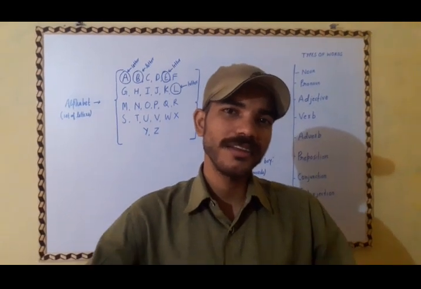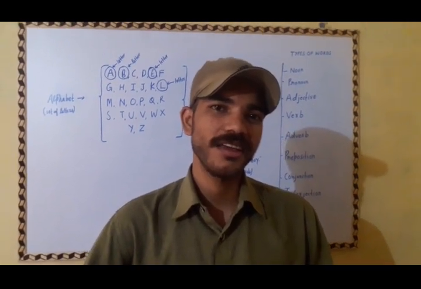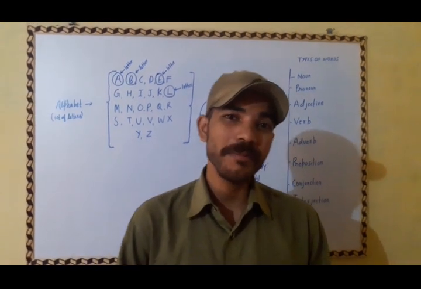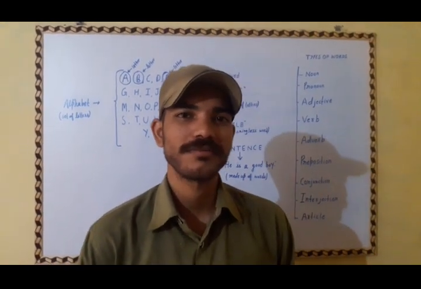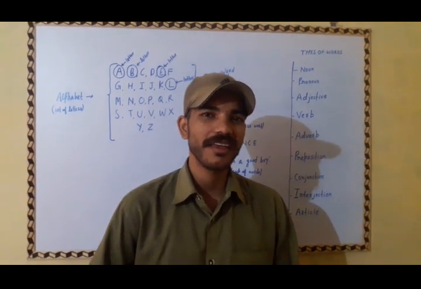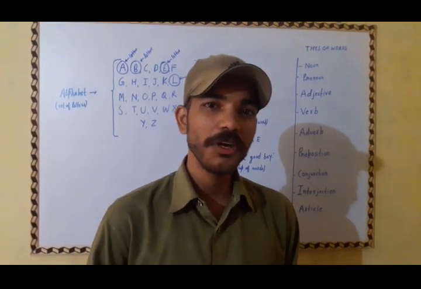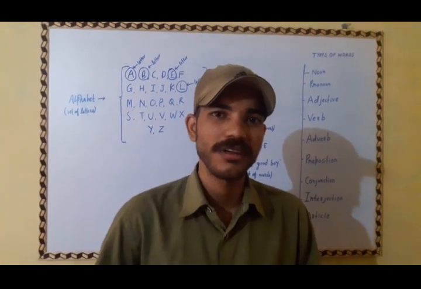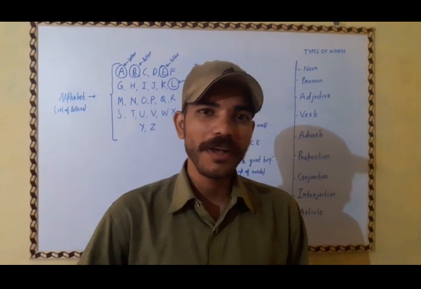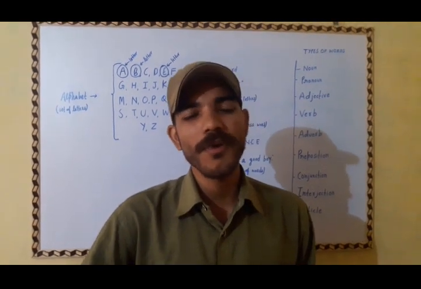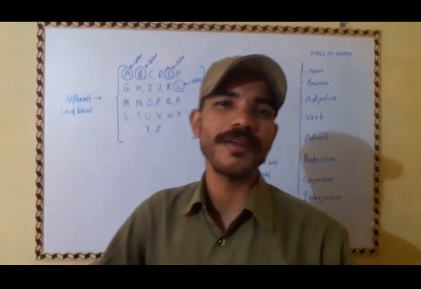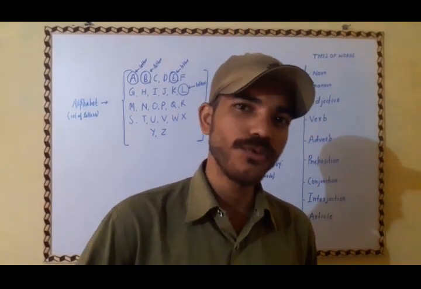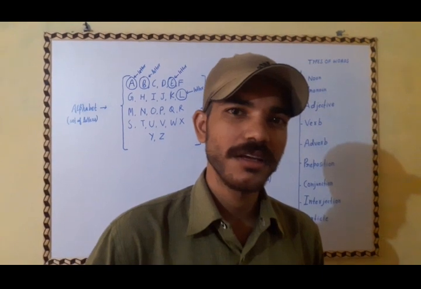All the words that are there in any English dictionary can be divided into 9 parts. Remember, 9 parts. If we pick up a random word from any dictionary, that word is bound to be any one of those 9 categories.